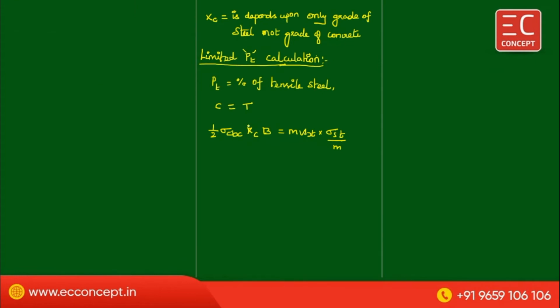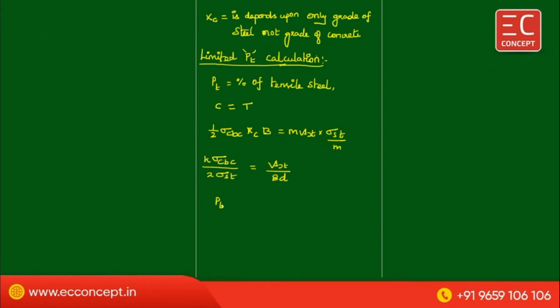Okay. So if you simplify this, finally you will get sigma CBC K divided by 2 sigma ST, which is equal to AST divided by BD. So this is the final value. Now we can calculate this PT.